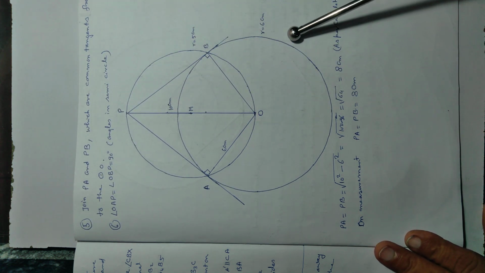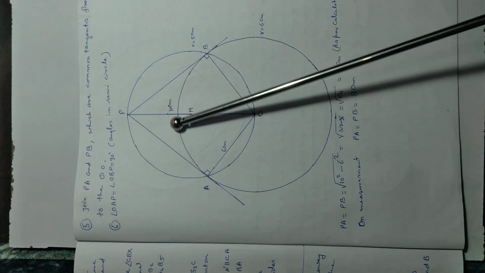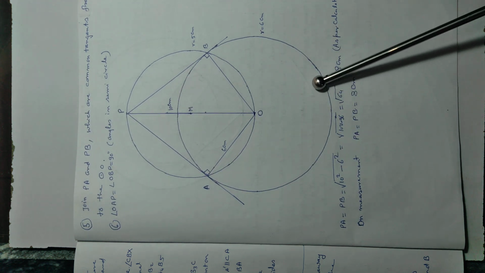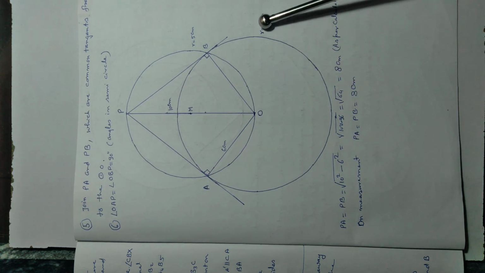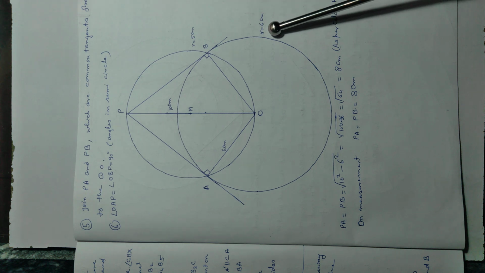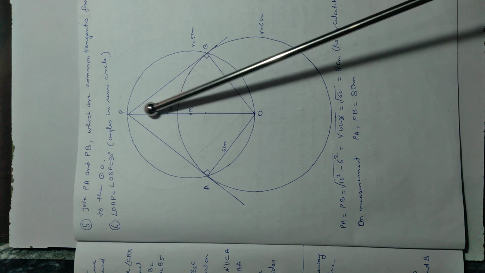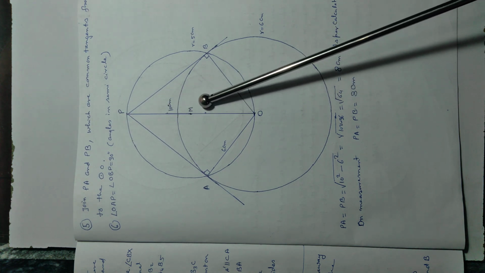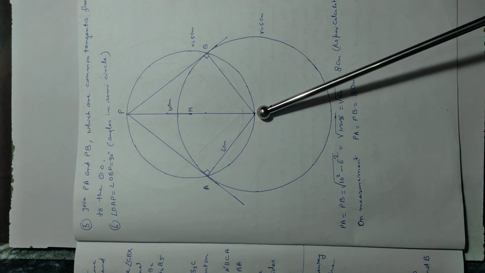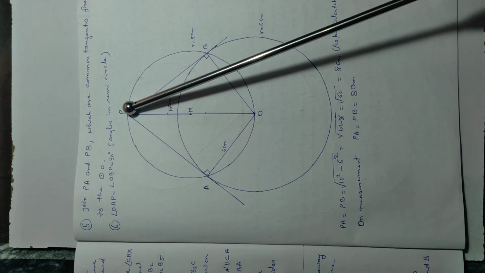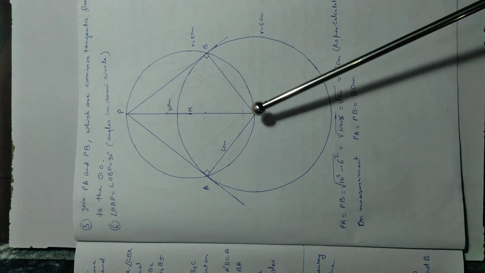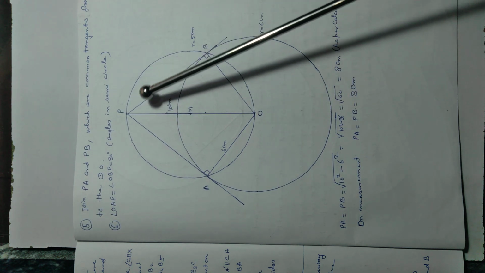This is the first circle. The center is O, and it is given that its radius is 6 cm. There is a point P which is 10 cm away from point O. O means the center of the first circle.